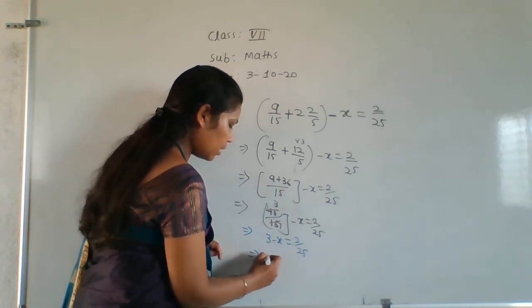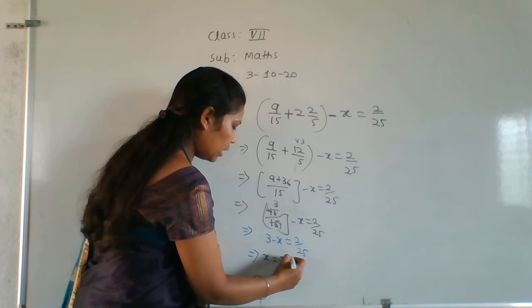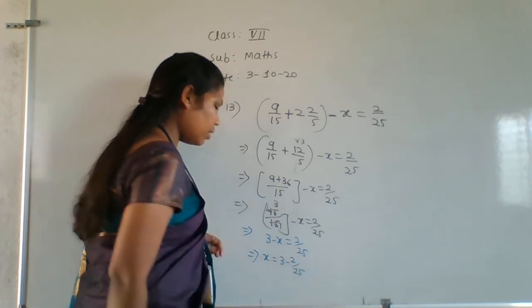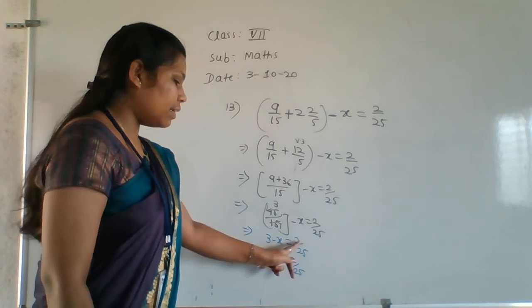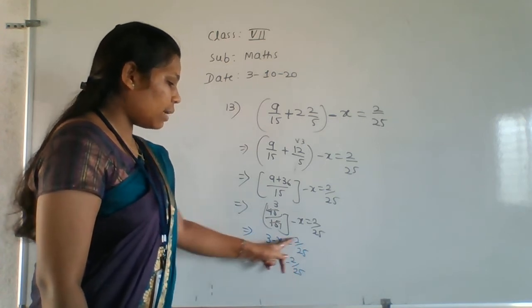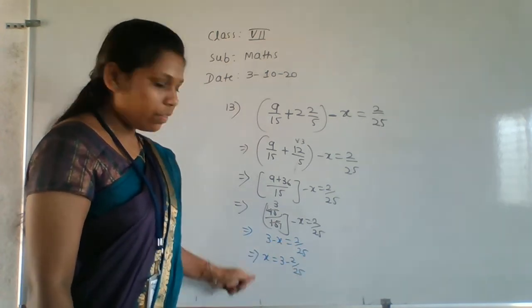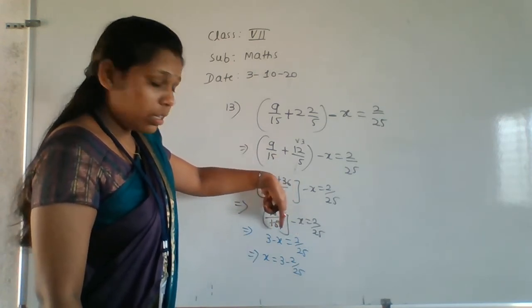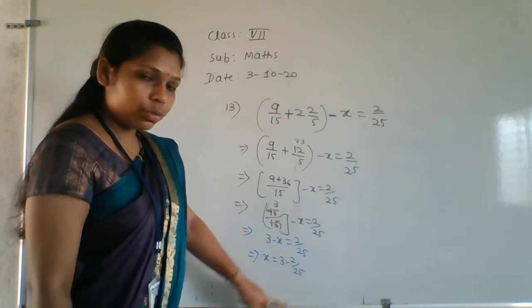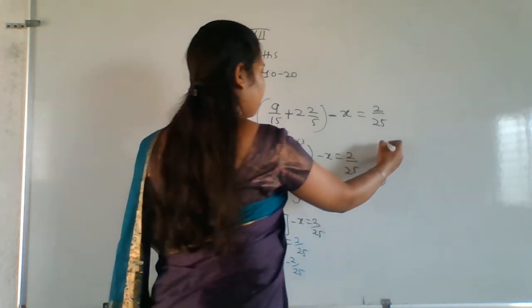Which implies that x is equal to 3 minus 2 by 25, right? Take x this side, 2 by 25 this side, means 3 minus 2 by 25 and x will become positive. Getting everyone? Then it will be 3 minus 2 by 25. Now take the LCM.